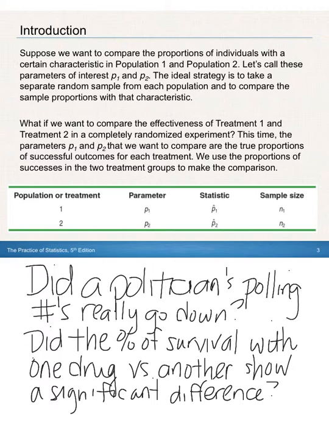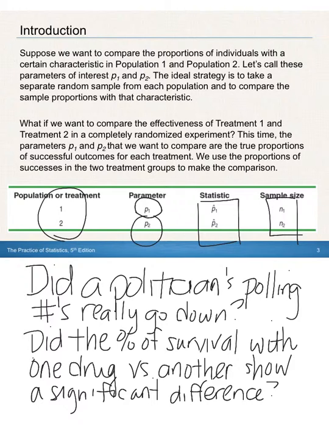When we're looking at two different things, of course, we're going to have more fun notation. We name what the population or treatment is, and then we're looking for the true parameter p1 and the true parameter p2. We build that off the statistics p hat 1 and p hat 2, and the sample sizes are notated n1 and n2.